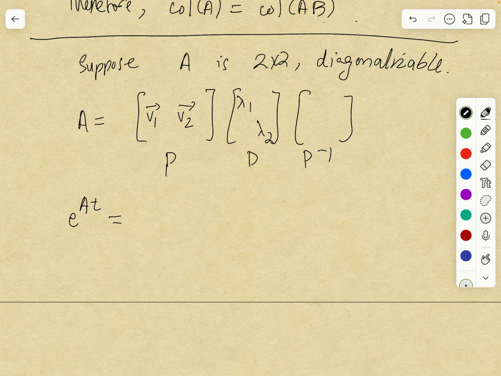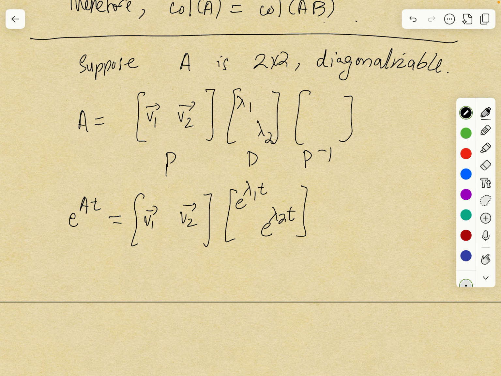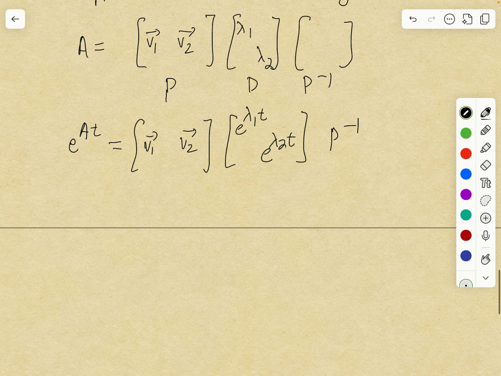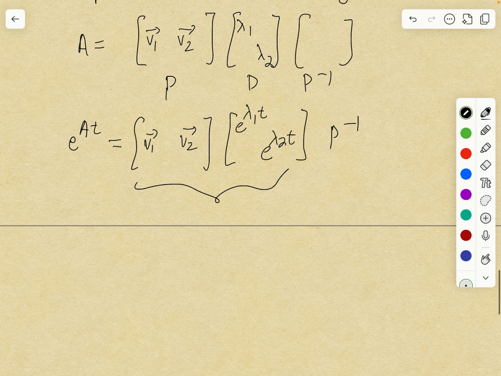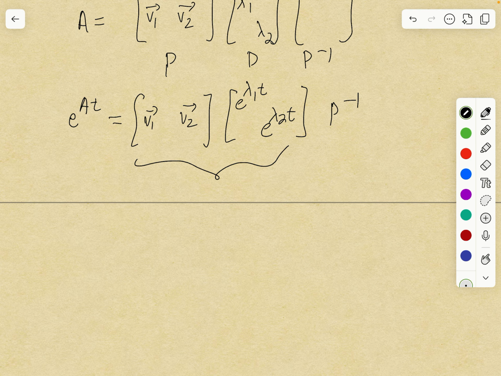So e to the At is just P times the diagonal matrix with e to the lambda 1 t and e to the lambda 2 t, times P inverse. And as we just explained, you can just multiply the first two matrices, P and e to the Dt. So P e to the Dt is going to be a matrix where the first column is e to the lambda 1 t v1, and the second column is e to the lambda 2 t v2.